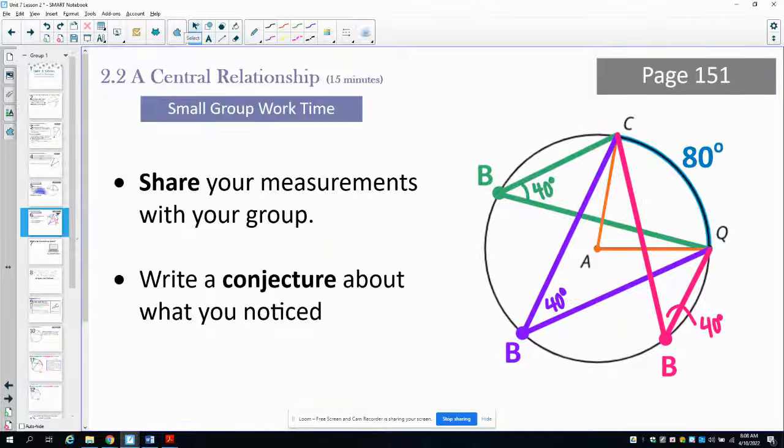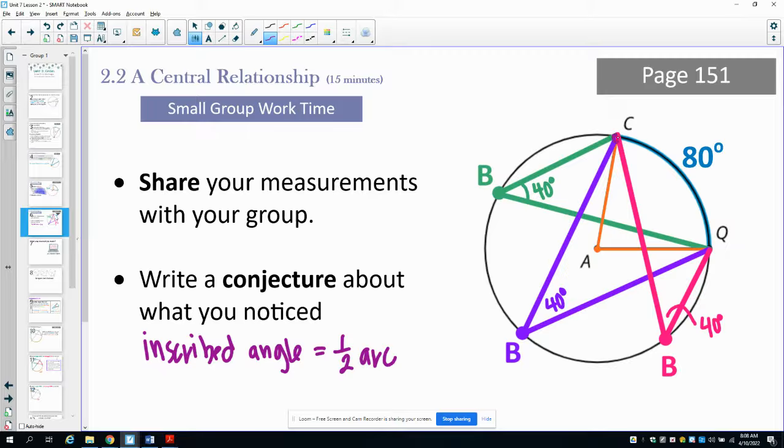So what's a conjecture that we could make here? Maybe a conjecture that you're making, using our new vocabulary, is that the inscribed angle equals maybe half of this arc.